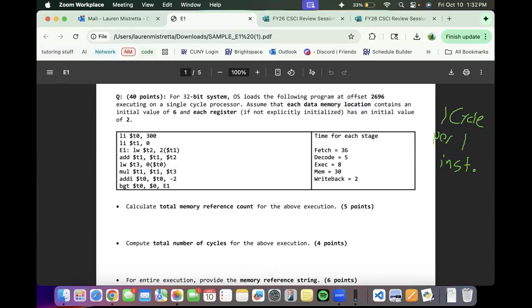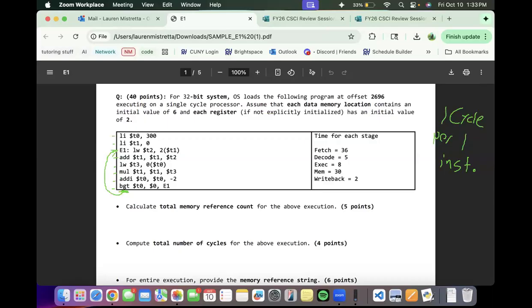So I'm going to write out pretty much how many instructions that we got for this, right? We know that we have 1, 2, 3, 4, 5, 6, 7, 8, right? But we know we have a branch here. And this could mean that if this is true, we could end up having a loop.